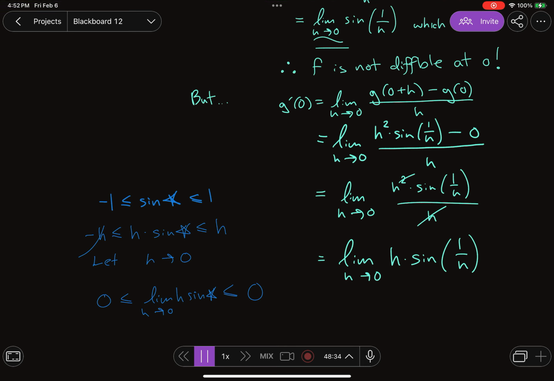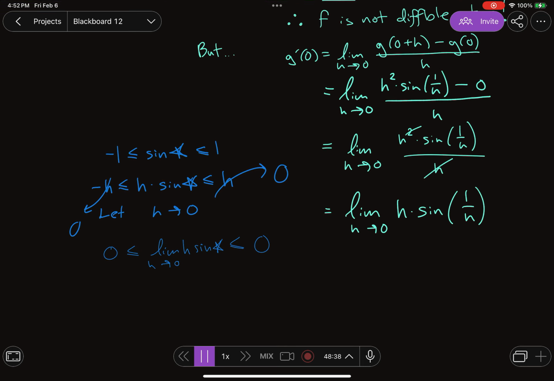So again, I took this to 0 and this to 0, and therefore, by squeeze theorem, remember that guy, super powerful theorem in calculus, we proved it in this class, this limit is equal to 0. Where am I at? Right here. This limit right here must be equal to 0.